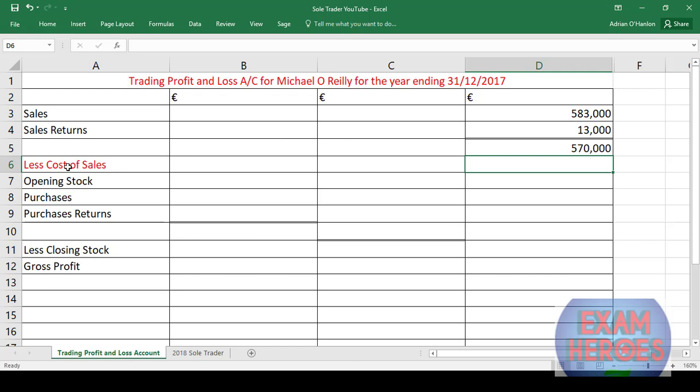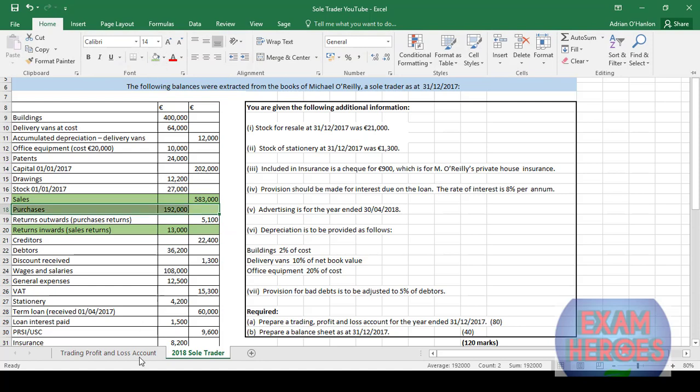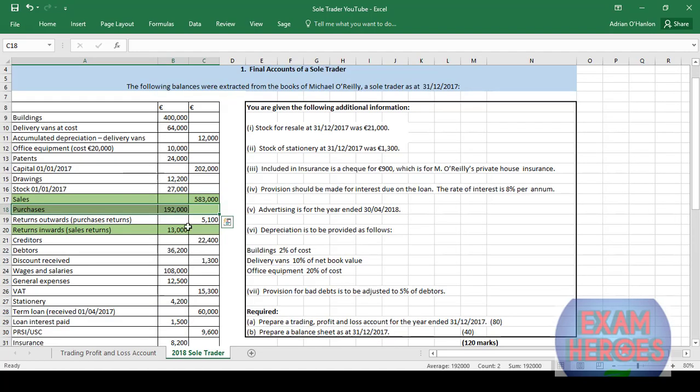Now, next thing we want is our cost of sales. The first thing in your cost of sales is always your opening stock, the stock you had at the start of the year. So if we look here, we can see our purchases are 192,000 euros. Sorry, my mistake.